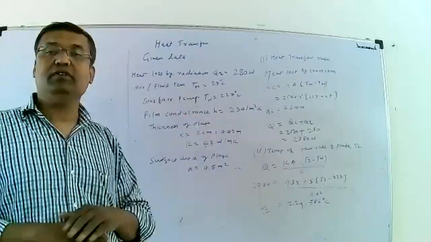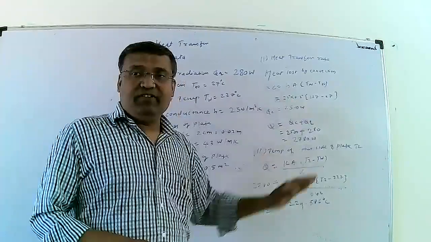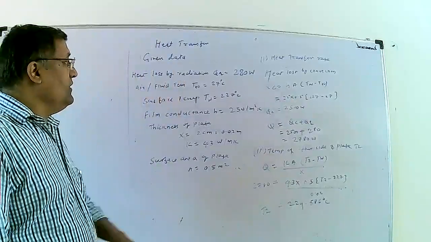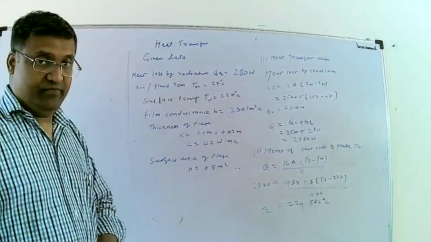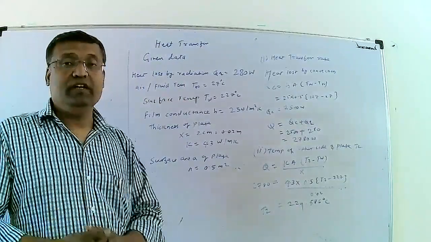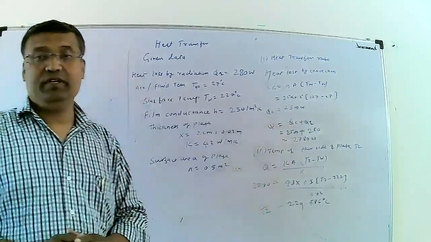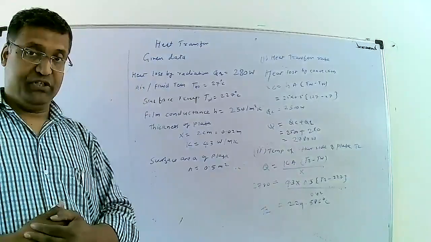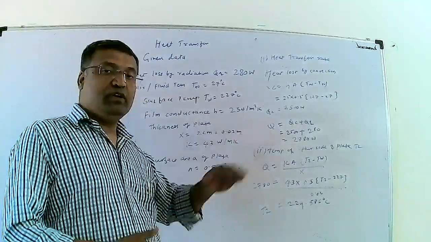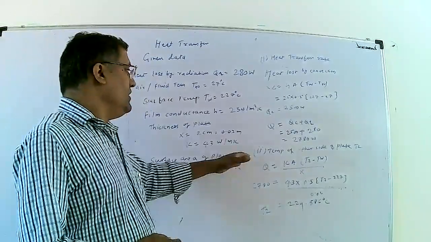That is the standard formula for heat lost by convection. We put all these values and finally we calculate total heat lost or total heat transfer rate. Q is equal to the addition of heat lost by convection and heat lost by radiation.